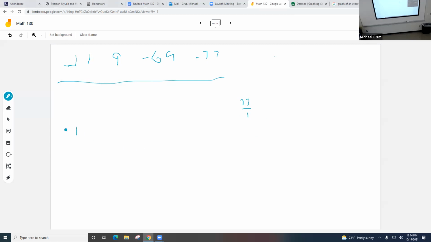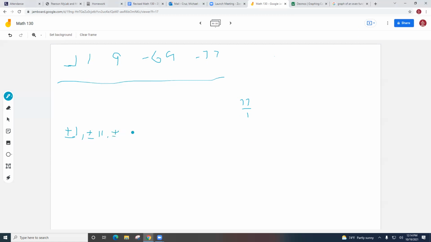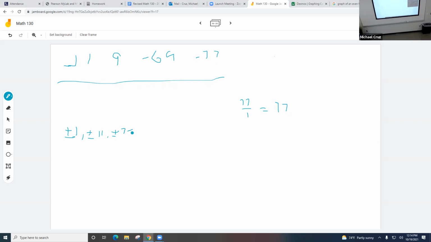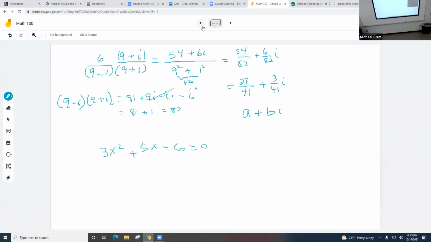So there's plus or minus 1, plus or minus 7, plus or minus 11, and plus or minus 77. And what you're going to do is just go through and do each one of those until you get a hit. Like I say, that's what we did over here.